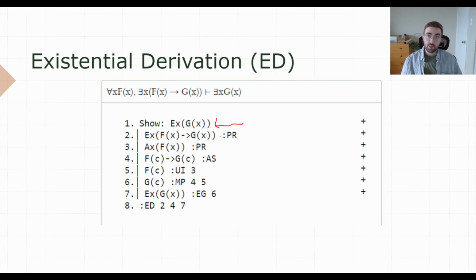Well, we're going to do an existential derivation. We know there's at least one thing where if it's f, it has to be g. So we're just going to call that thing C. We're going to give it the name C as a constant. Notice at this point, C has to be a fresh constant, right? So we write in, C is f.